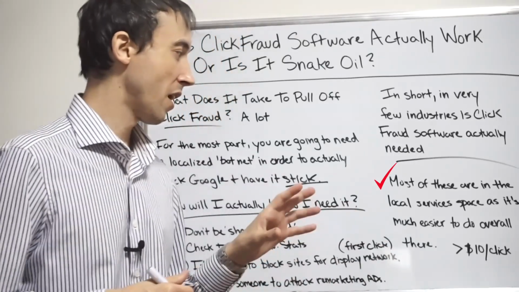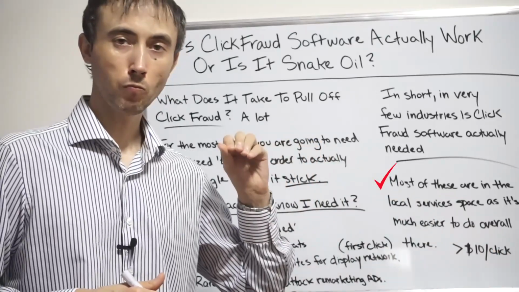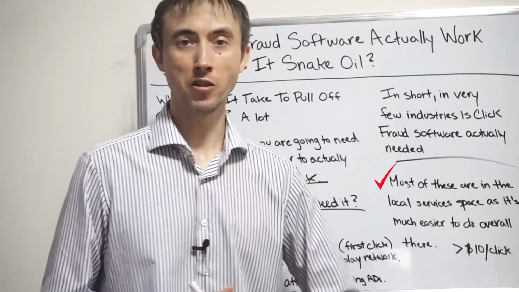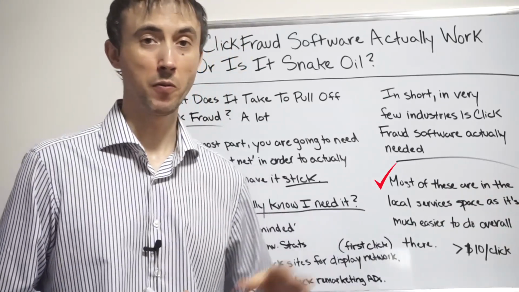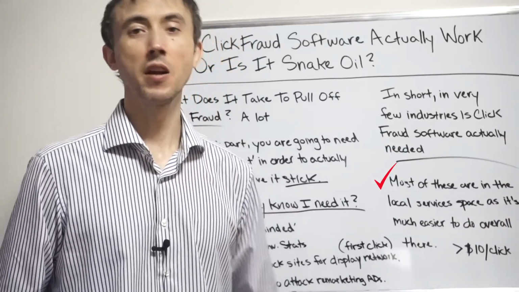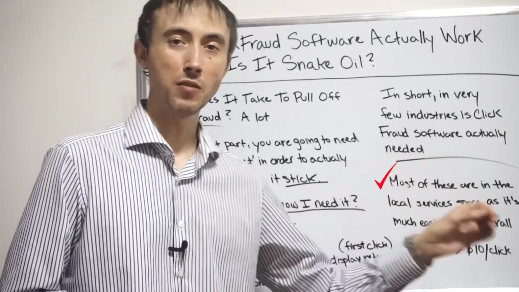If you're in a market like personal injury law, where there's tens of millions of dollars a year at stake in your local market of who gets most of the leads from Google ads, and the cost per click is $20, $30 a click, you're apt to have some click fraud.